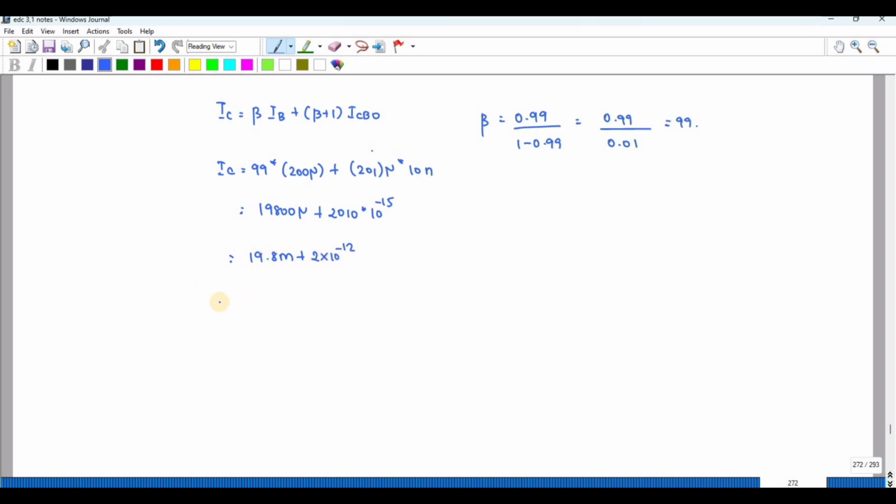So this is almost equal to IC, 19.8 milliamps. So that's all about the problem. Thank you.